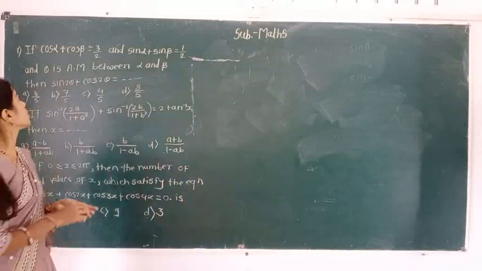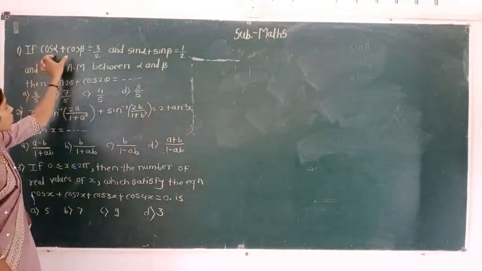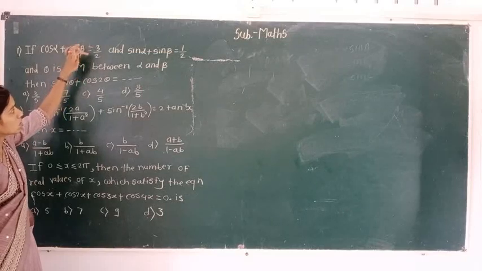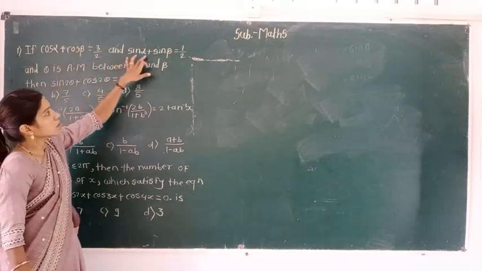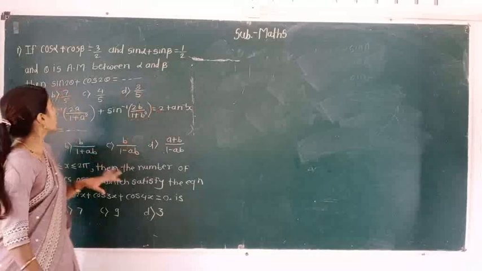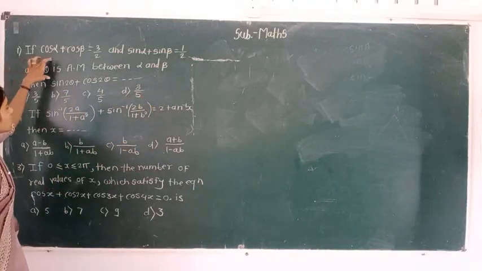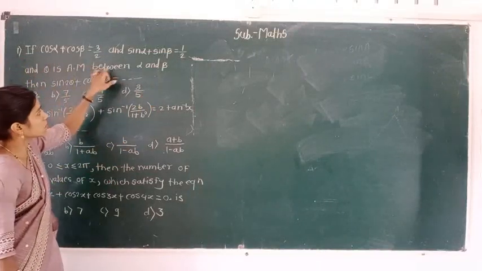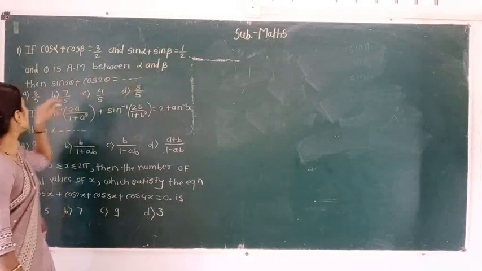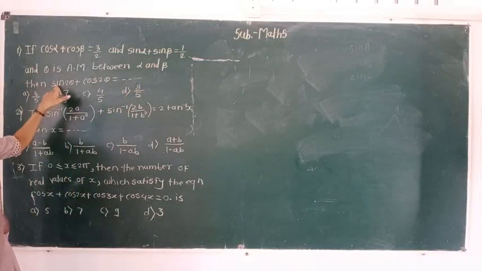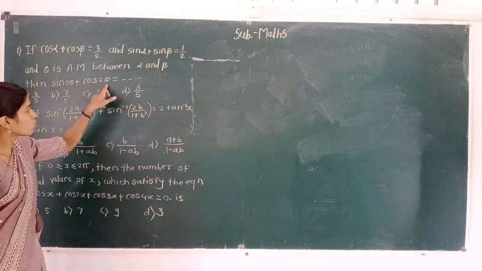See here, if cos alpha plus cos beta is equal to 3/2 and sin alpha plus sin beta is equal to half, and theta is the arithmetic mean between alpha and beta, then find out the value of sin 2 theta plus cos 2 theta.